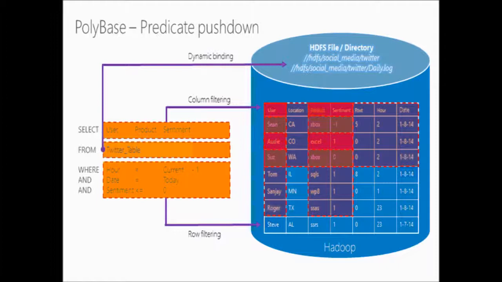Actually, what it does is send this query to the Hadoop cluster, filter the data within Hadoop, and then move a small set of data to the PDW engine in order to benefit query performance.